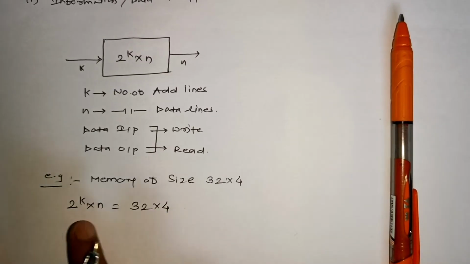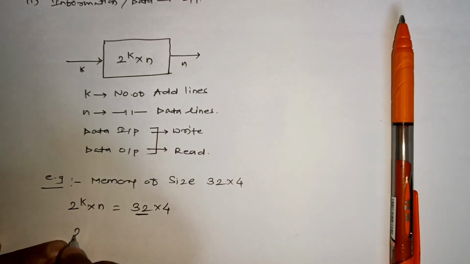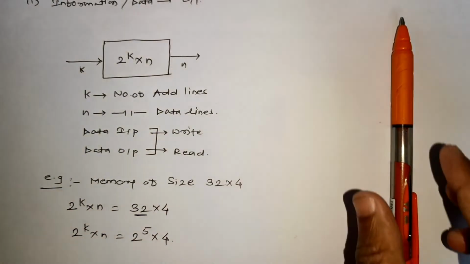Now when I compare these two equations with each other, first of all I need to convert 32 in the form of 2. So we'll write 2 raised to k by n is equal to 2 raised to 5 by 4. Okay, how does it come?